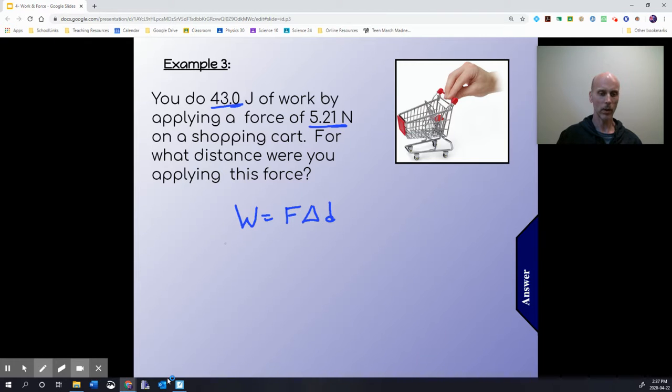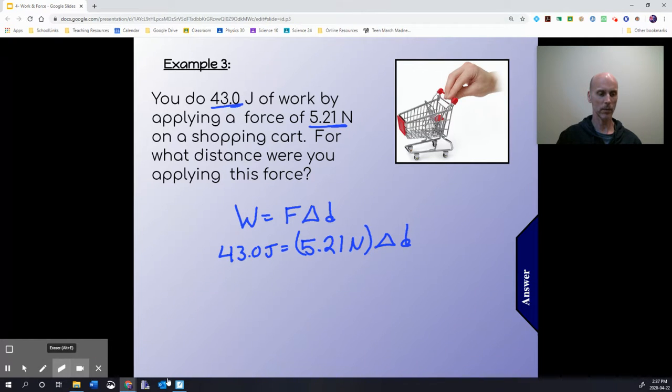Now we know the information here for work, 43.0 joules. The force is 5.21 newtons. And we need to solve for the delta D, or the change in position. So it's going to take a little bit of math here. This is the value that we want.